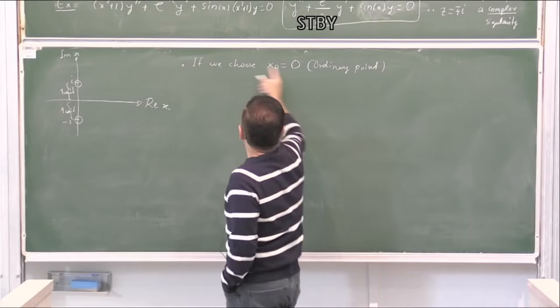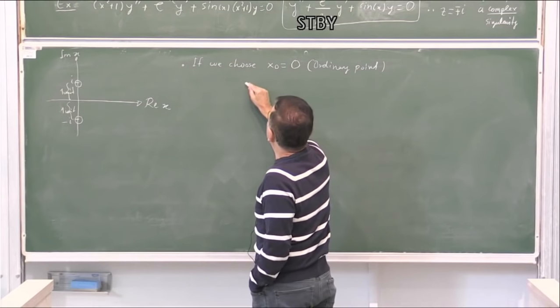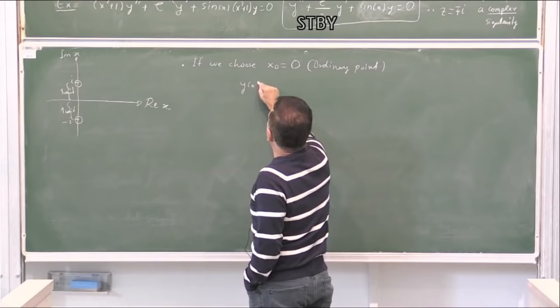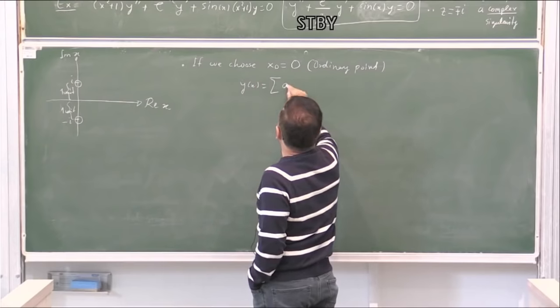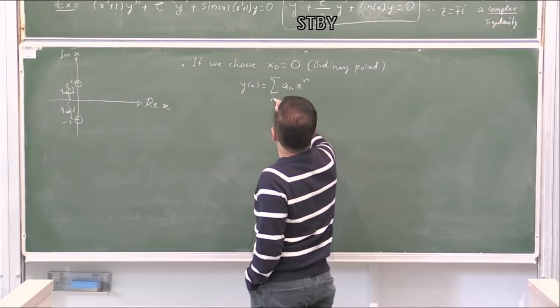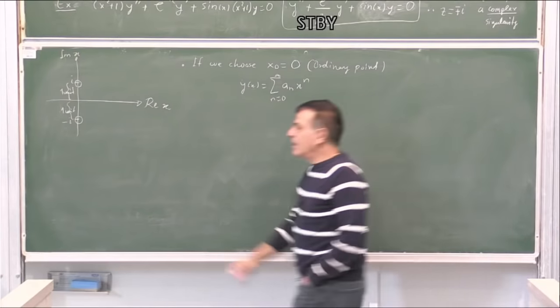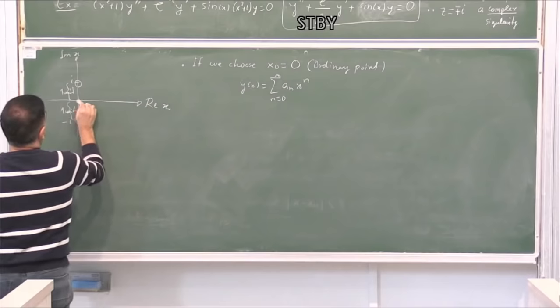So if we choose that, then a solution is something like that, or Taylor series or Maclaurin series representation of the solution is that. And here is x0.